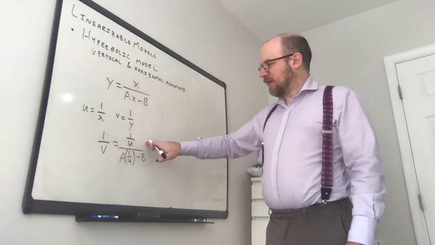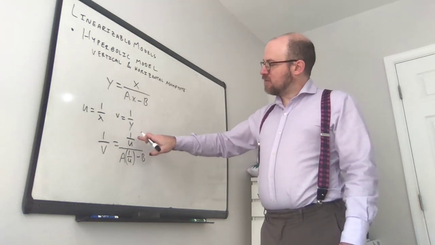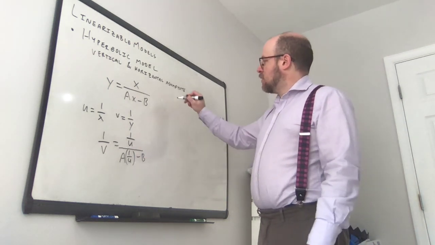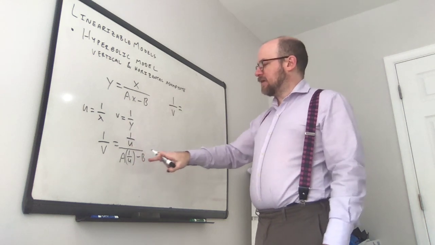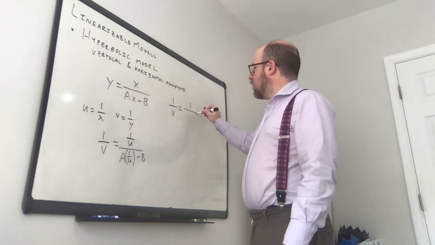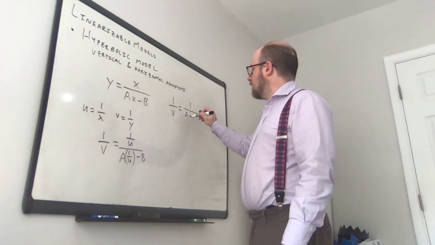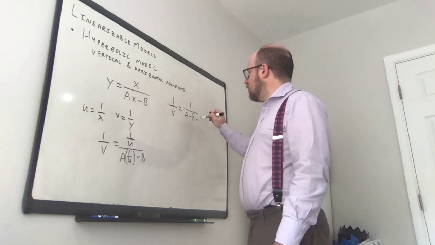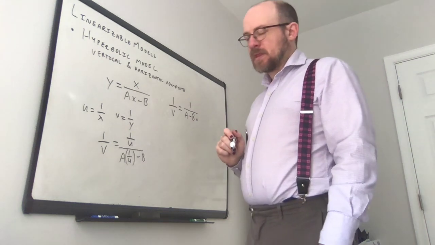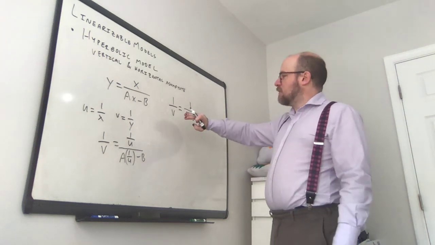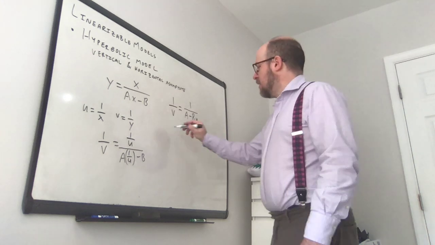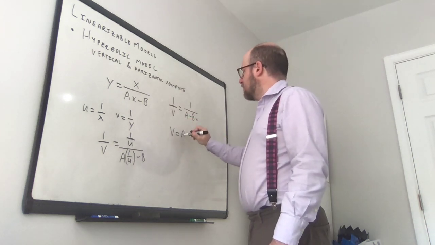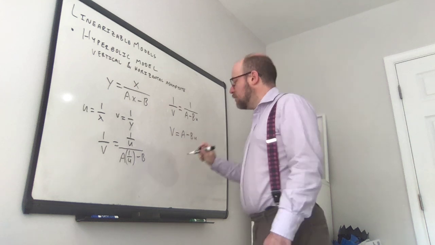And if you simplify this side, turn this into one fraction, what you get is 1 over v on the left. This u moves down to the denominator. You get 1 over (a minus b u). Okay? And so if you flip both these fractions, which you can do by flipping both sides, you get v equals a minus b u.